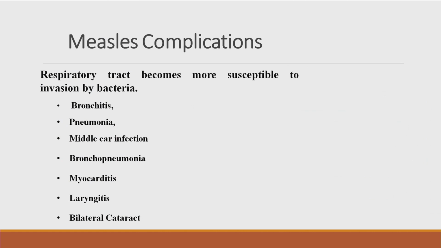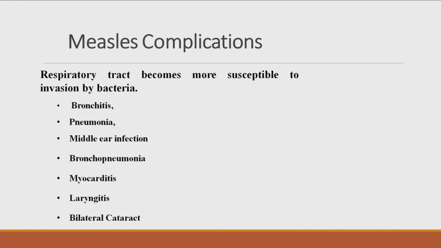Bacterial secondary infection. We see bronchitis, pneumonia, middle ear infection. The worst of the complications is bronchopneumonia. It can even be worse. The baby can even develop myocarditis, inflammation of the heart muscle, and laryngitis, and of course, bilateral cataract.